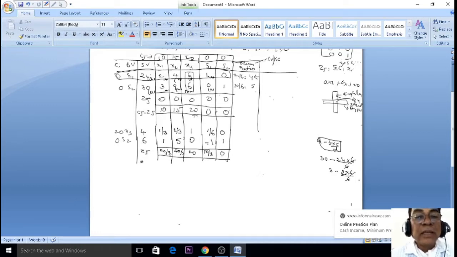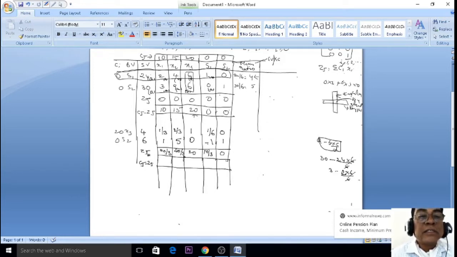Next, Cj minus Zj, same procedure. Cj minus Zj. So come to this point. In the Cj minus Zj, what are the Cj values? The top value is 10. See, here is 10.